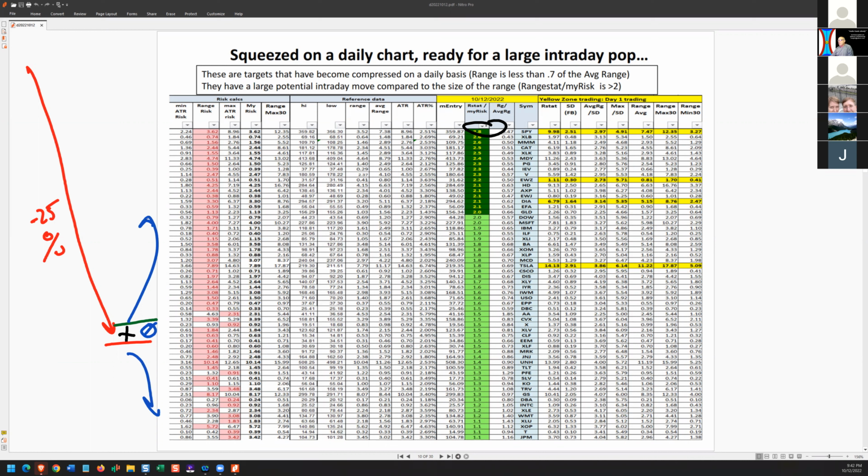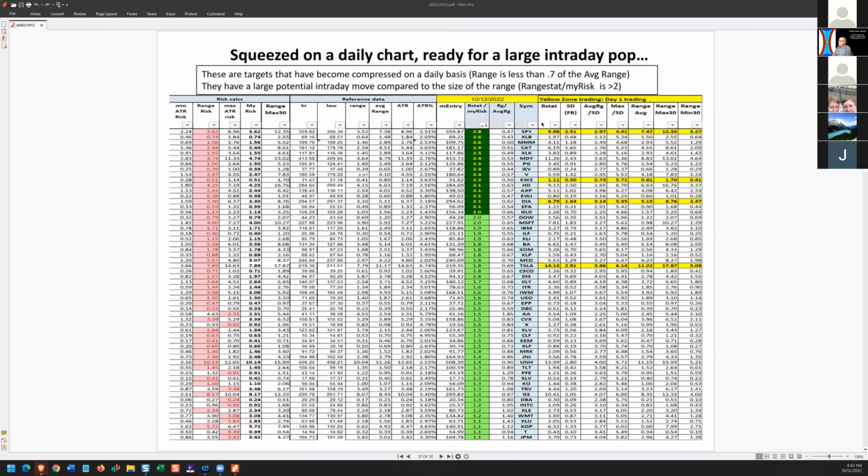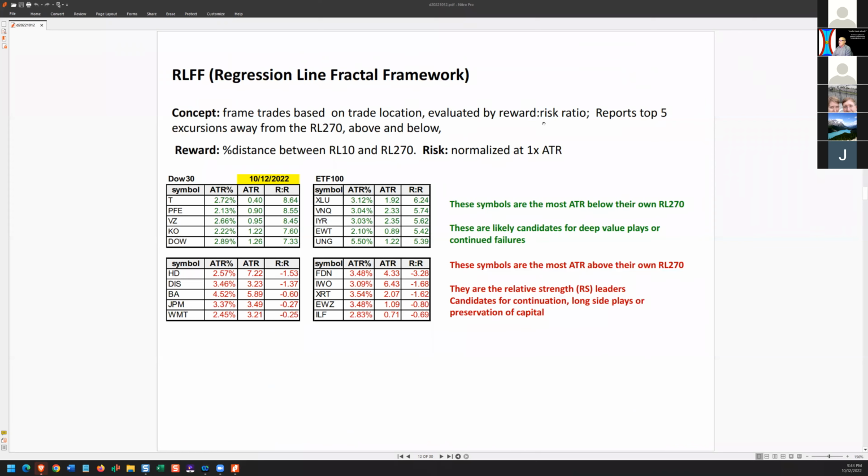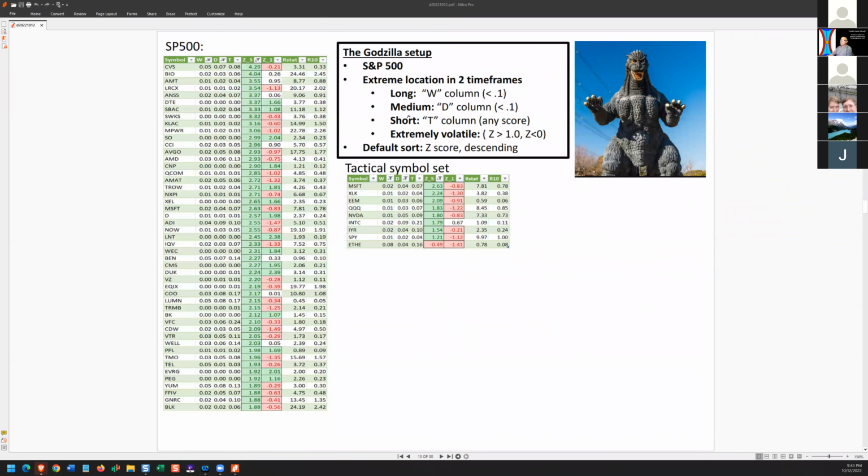Long on a recovery back to some measured level of resistance, or a collapsing dragon on the short side and expect to see another 5% sell-off. So that's what that number should tell you, those patterns. All right, we'll go to the snipers.